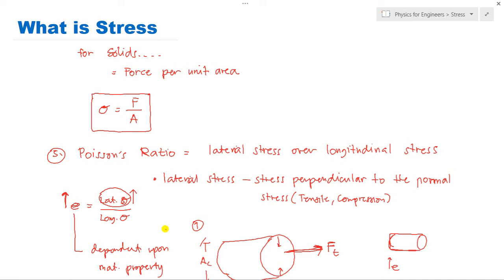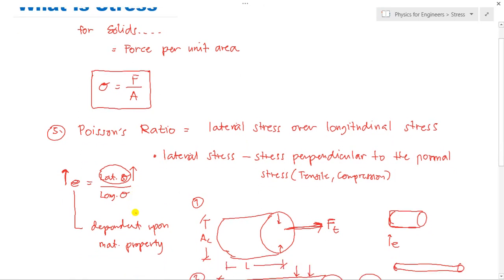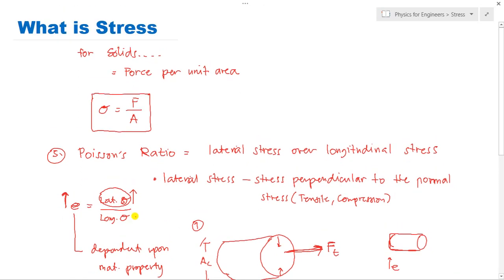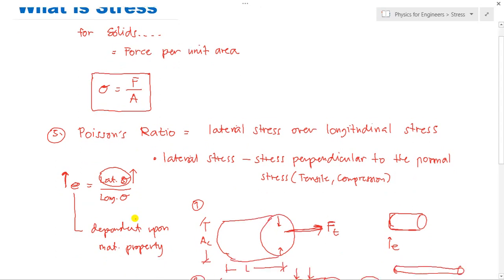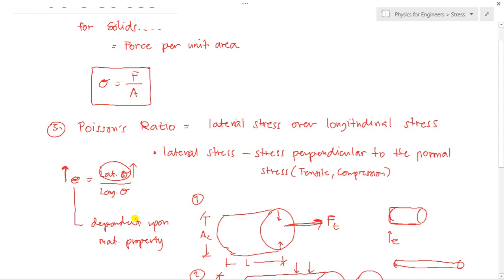And then our modulus of elasticity, and also lastly this fifth topic, Poisson's ratio, they are dependent on the property of the material. And Poisson's ratio, again, is the ratio of the lateral stress over the longitudinal or the normal stress.